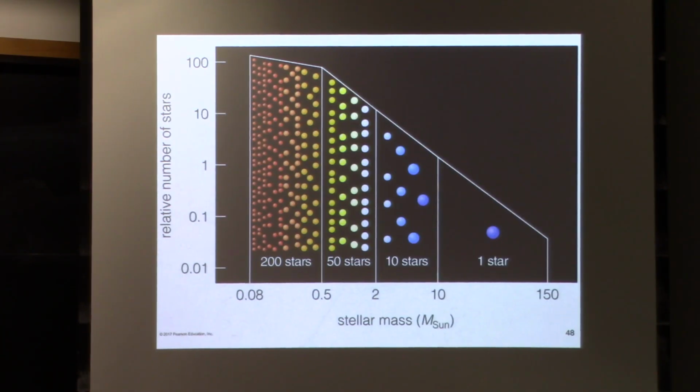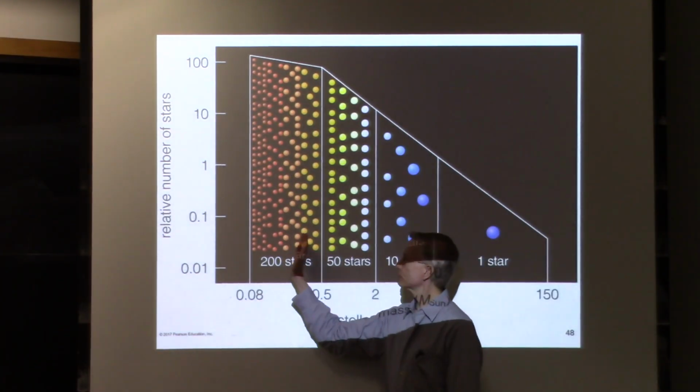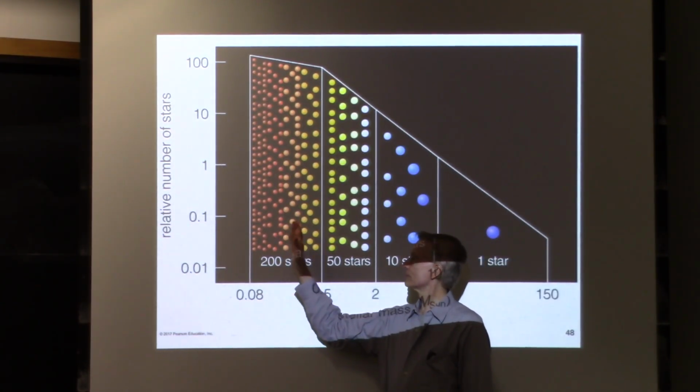What's magic about 0.08 times the sun's mass? That's the lower limit. No, Jupiter is 0.001. Yeah, 80 Jupiters is 0.08 solar masses. That's the lower limit for a star to be a star in the first place. So 200 of them are less than half the sun's mass. And as this illustrates, it's even more so the lowest mass ones.